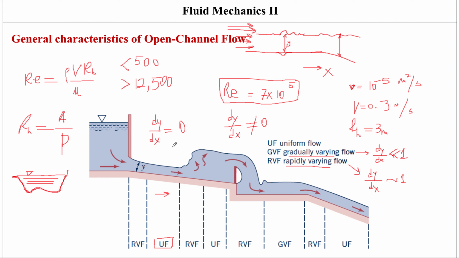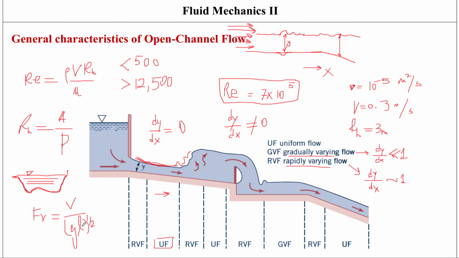Besides this, like I said, because of the existence of the free surface between the fluid and the atmosphere, the character of the open channel flow could also strongly depend on how fast the fluid is flowing relative to a typical wave that is moving relative to the fluid. So you need to go to a dimensionless number that gives you that kind of ratio, and that is the Froude number. The Froude number is basically a ratio of fluid speed to wave speed, so you can write it in terms of the velocity of the fluid divided by the wave speed, which is (g L) to the power 1 by 2.